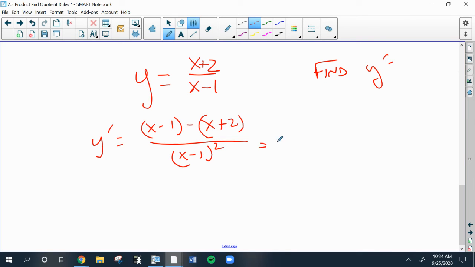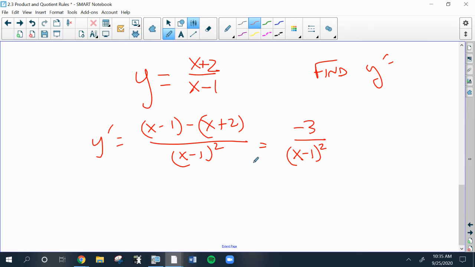I am going to simplify this a little bit because I don't want to go through the whole quotient rule here. So we have x minus 1 minus x minus 2, which really comes down to negative 3 over x minus 1 squared. So really that wasn't too bad.